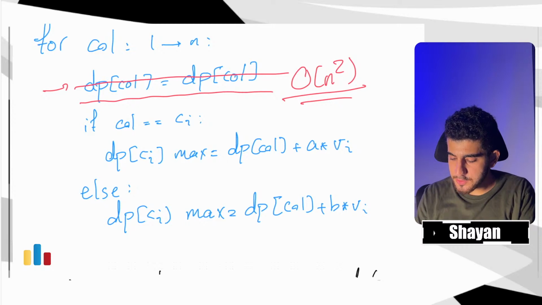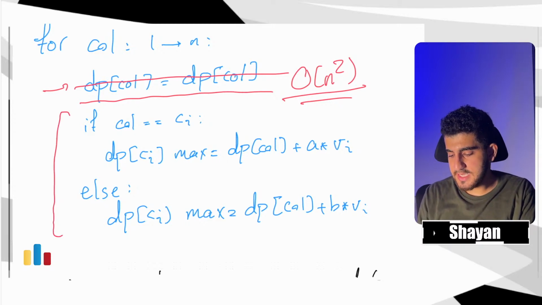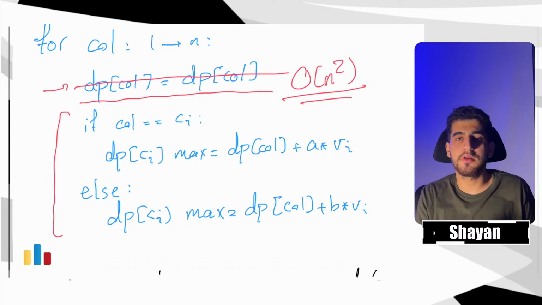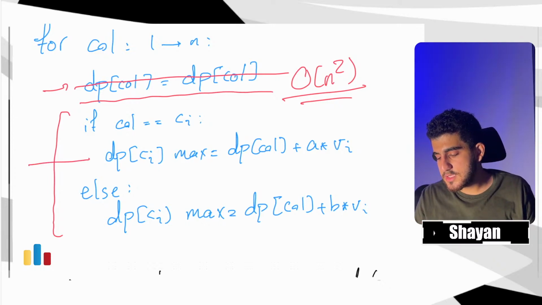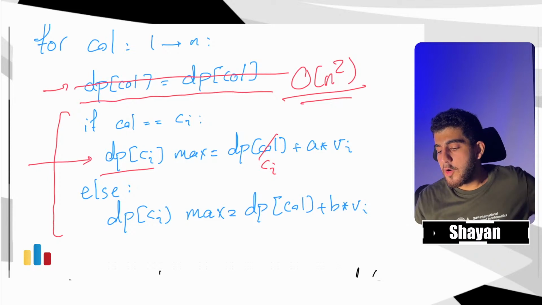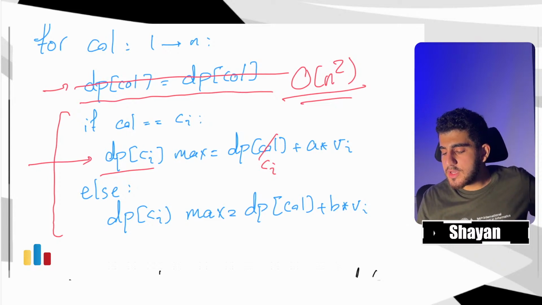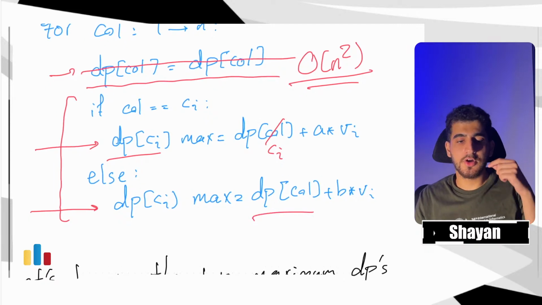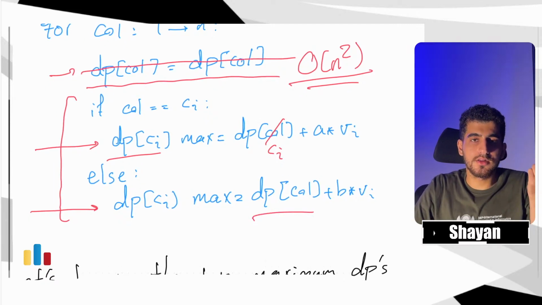But about these parts, there are two cases. Either the previous ball has the same color, or the previous ball has a different color. If it has the same color, DP of CI will be updated from its own color, from this col equal to C sub I. Or if it is not, it's enough to update it from the maximum DP of col.